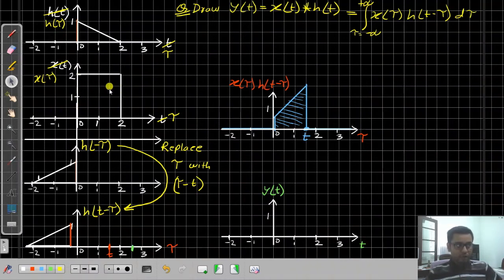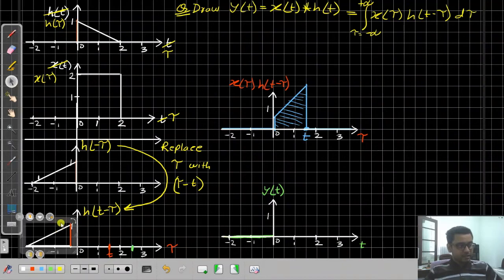Therefore, the product of x(tau) and h(t minus tau) will be 0 and y(t) will also be 0. Therefore, I can say that the output will be 0 if time t is less than 0.